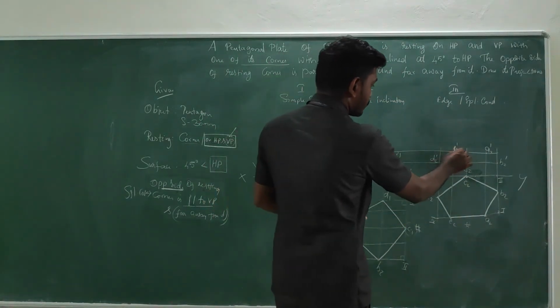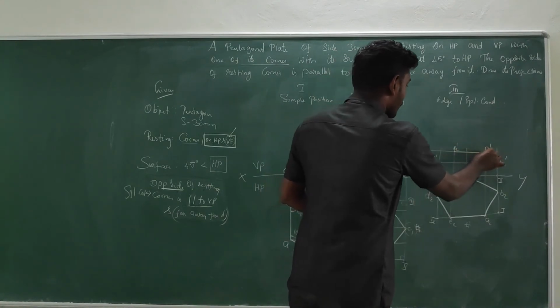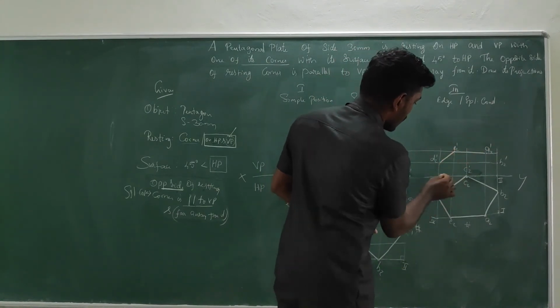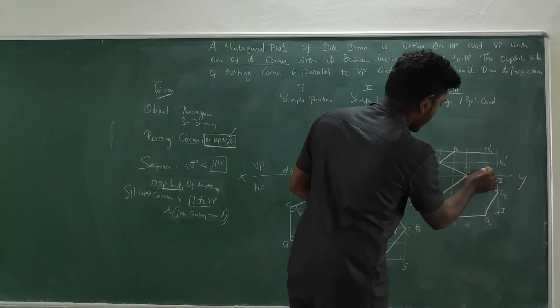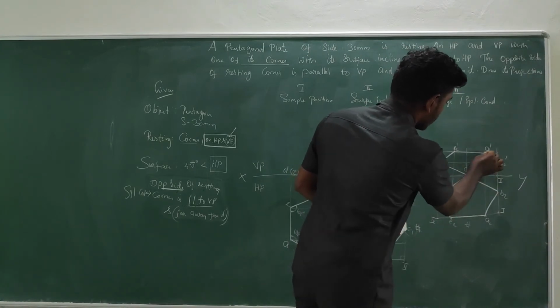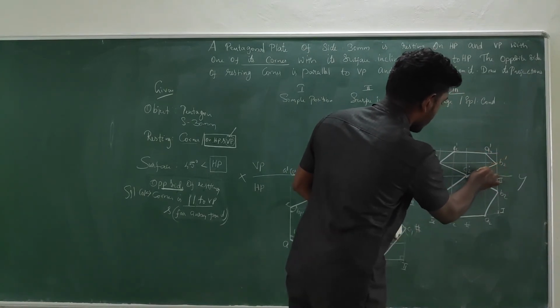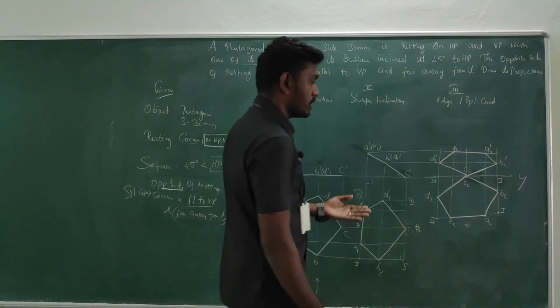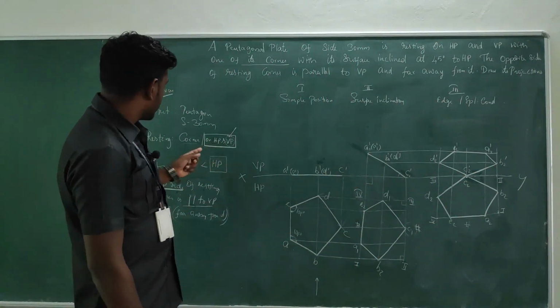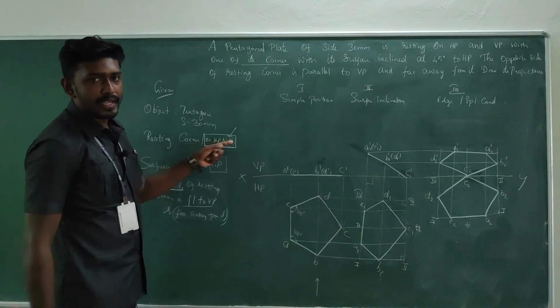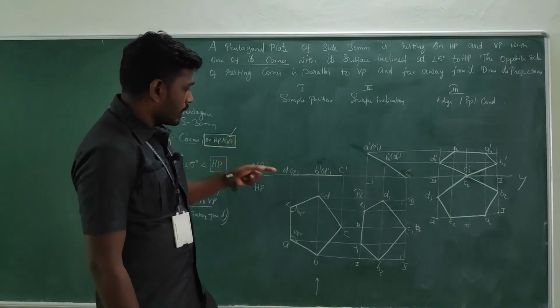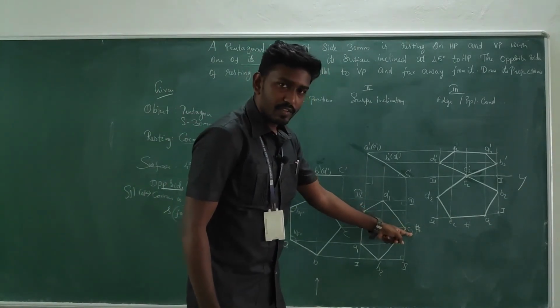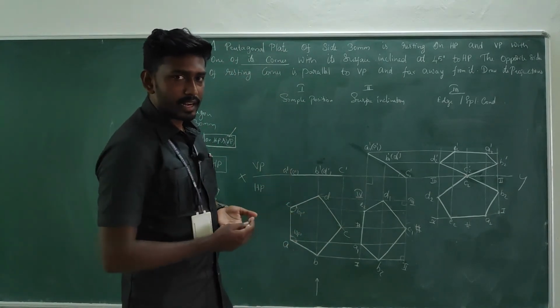If you make the connections, it will be tracing like this. Okay, in this manner. See the view. Here it is given the corner is on HP as well as on VP, the resting corner which we fixed is C, which we kept on the right side.